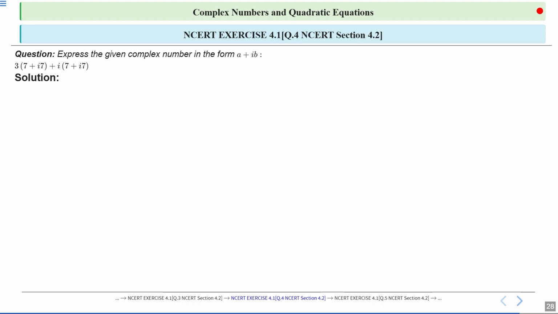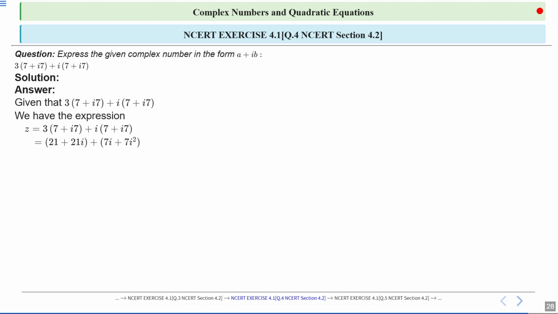Let's start the solution step by step. Given that 3 times 7 plus iota times 7 plus iota times 7 plus iota times 7. So we have the expression z equals 3 times 7 plus iota times 7 plus iota times 7 plus iota times 7.